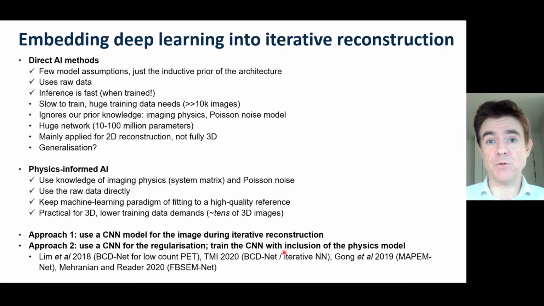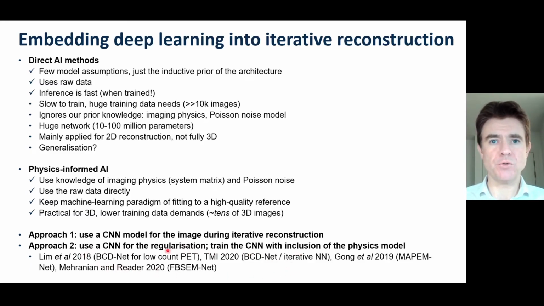The approach I'll be focusing on will be using a CNN for the regularization, for the actual prior, in a deep learned unrolled iterative reconstruction. The main difference between these two approaches is that approach 1 uses a CNN model for the image, whereas approach 2 uses it for the regularization, and that means that the deep learning is accounted for during the training of the overall model, with the deep learning embedded with the iterative reconstruction.